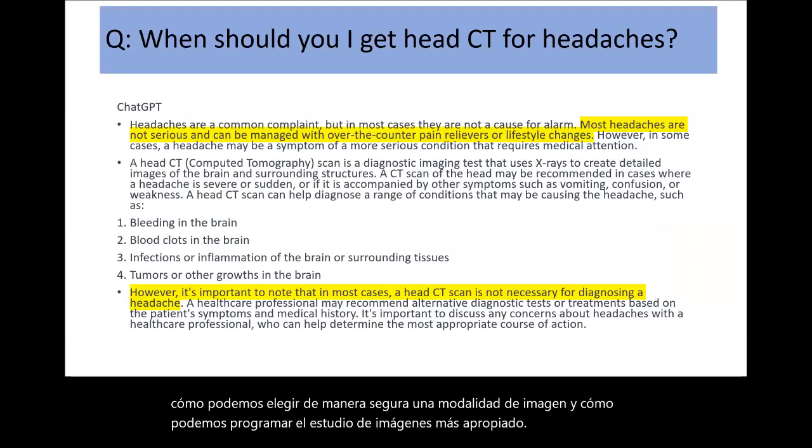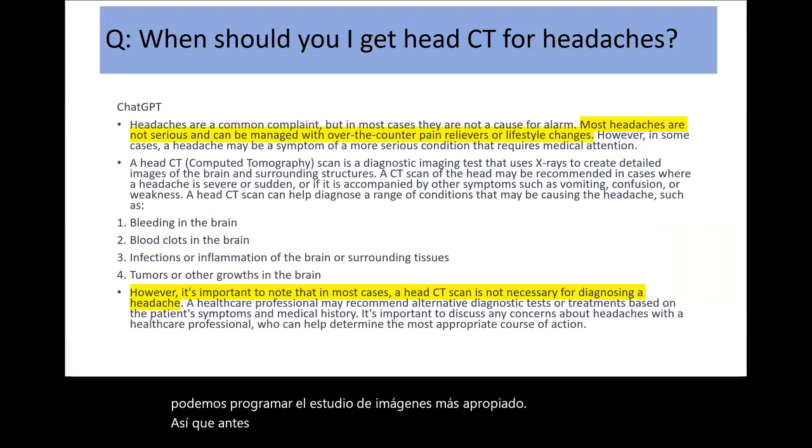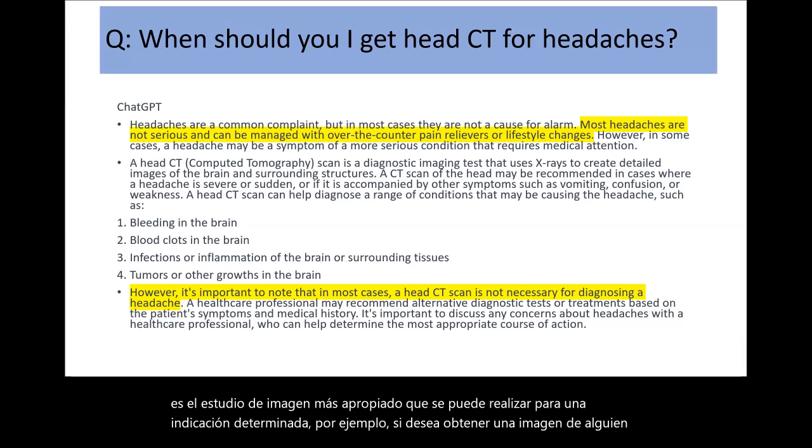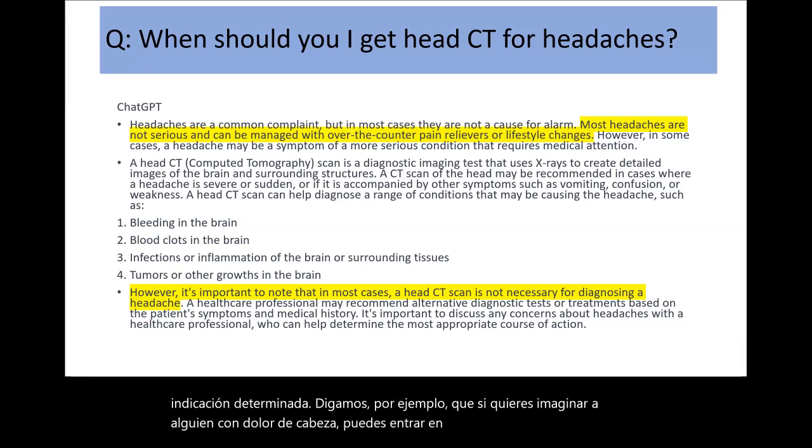So before we choose imaging modalities, we have to think about what is the most appropriate imaging study that can be performed for a given indication. Say, for example, if you want to image somebody with a headache, you can go into any of these artificial intelligence programs and say, hey, what is the optimal study for somebody with headache?